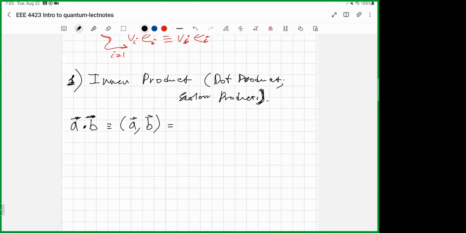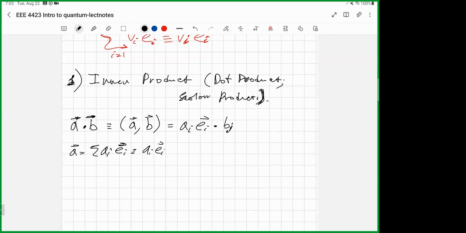So if we represent vector A as a summation of A_i and then the basis vectors e_i, which is again the same as A_i e_i, right? And the same way for vector B. So what will we get? We will get A_i e_i dot product B_j e_j.